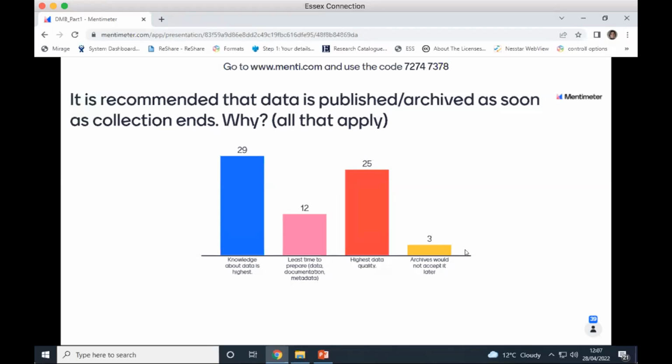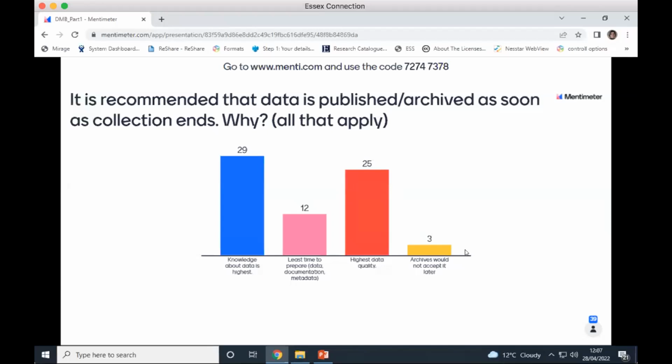And also highest data quality, right? So for the reasons that we already discussed, there might be reasons why data might not be, you know, at its highest quality in time.